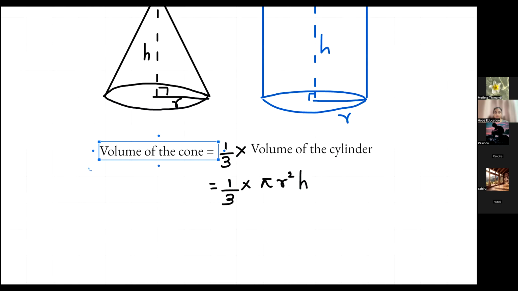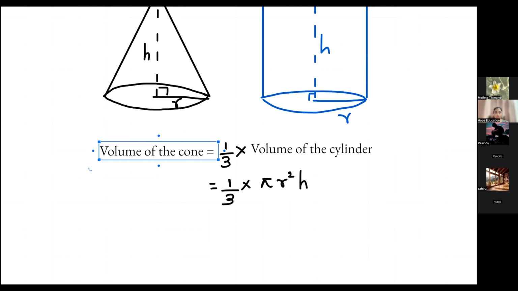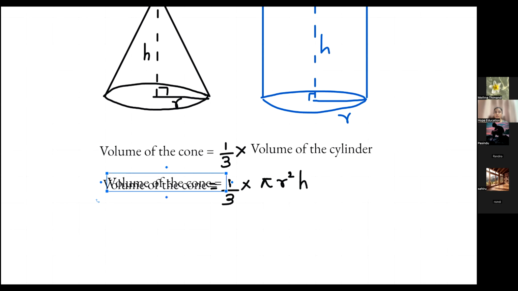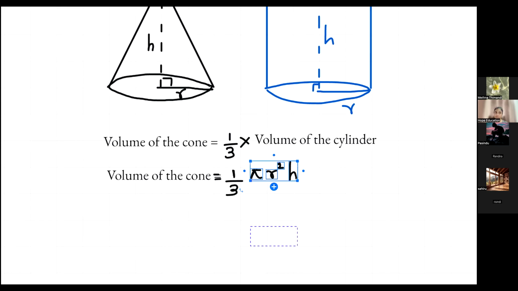The volume of a cone is 1/3 of the volume of a cylinder having the same measurements. So now we don't need the cylinder. I showed the cylinder just to show you how it comes. Otherwise, this is the equation.